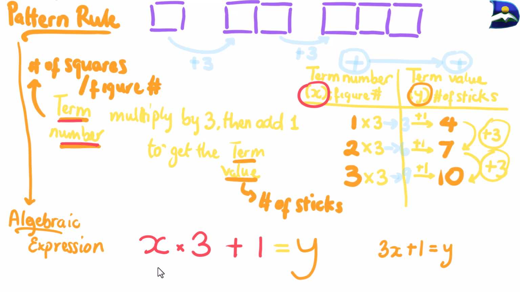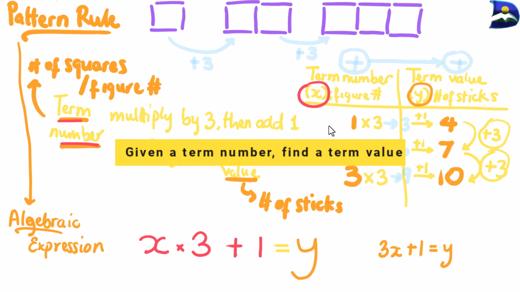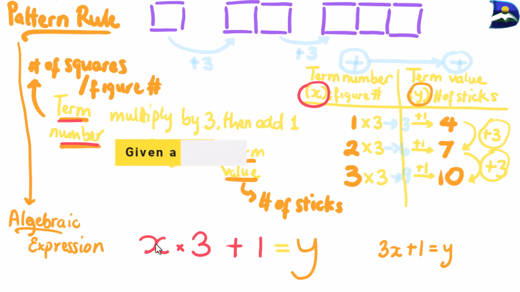And the significance of this goes beyond just algebraic expression. You can determine any future term value given a term number by just putting in the specific term number or figure number or number of squares for x, and then by solving you can be able to determine what the number of sticks are, which represents our y.